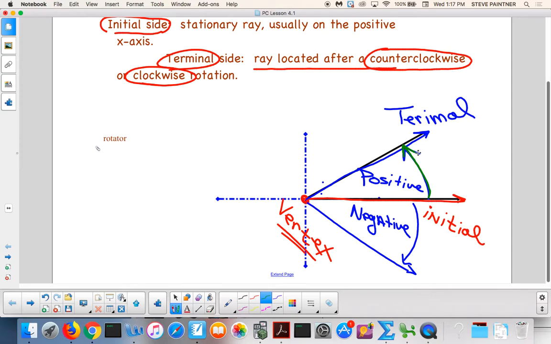What do you think that looks like? What degree? 30. 30? So we call this what? Positive 30. Let's call this one what? Negative 30. Good? Yeah? I mean, we're making that number up. It could be negative 27. Who knows? But that's basically how we are going to attack angles.